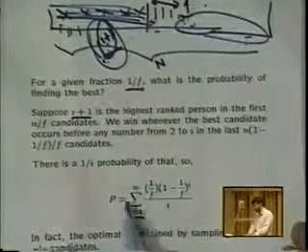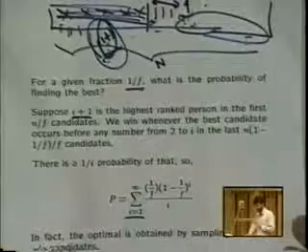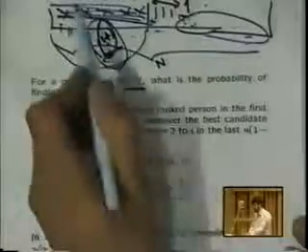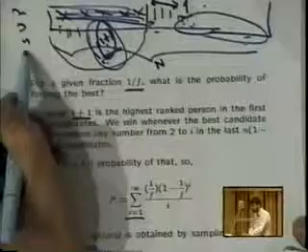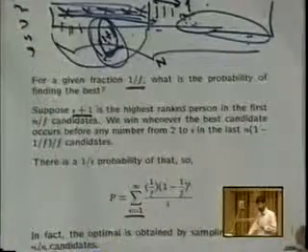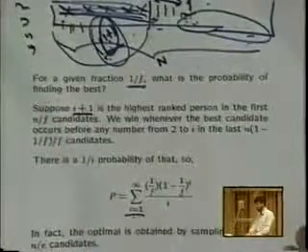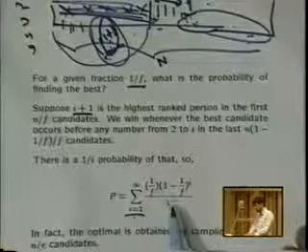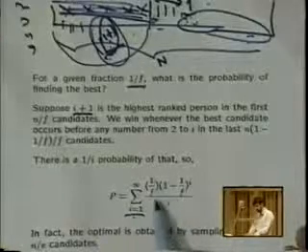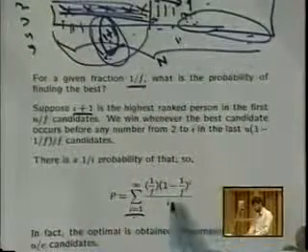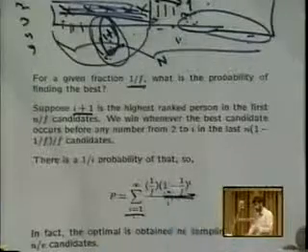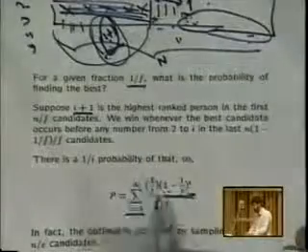So for every value i from 1 to n, we have to consider what's the probability that the optimal person in the first fraction was person 2, person 3, person 4, person 5. For all values of i, all numbers less than i had to be in the first half, and the ith number has to be in the next half.